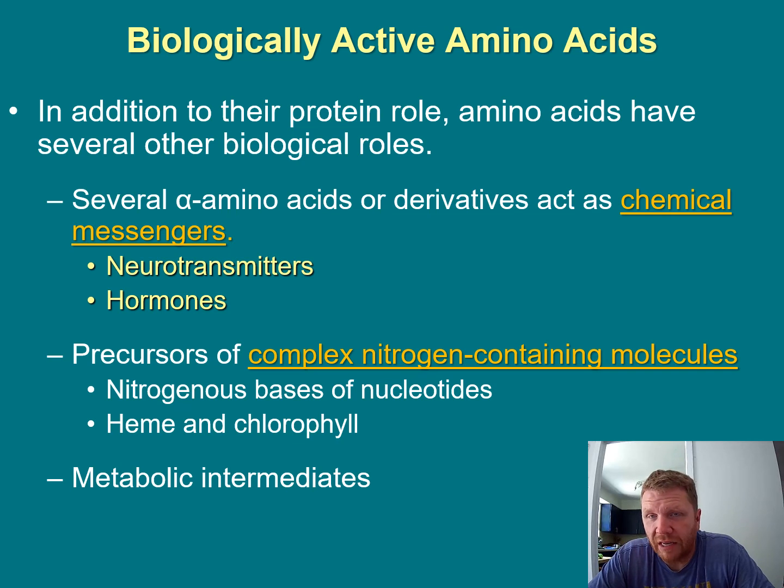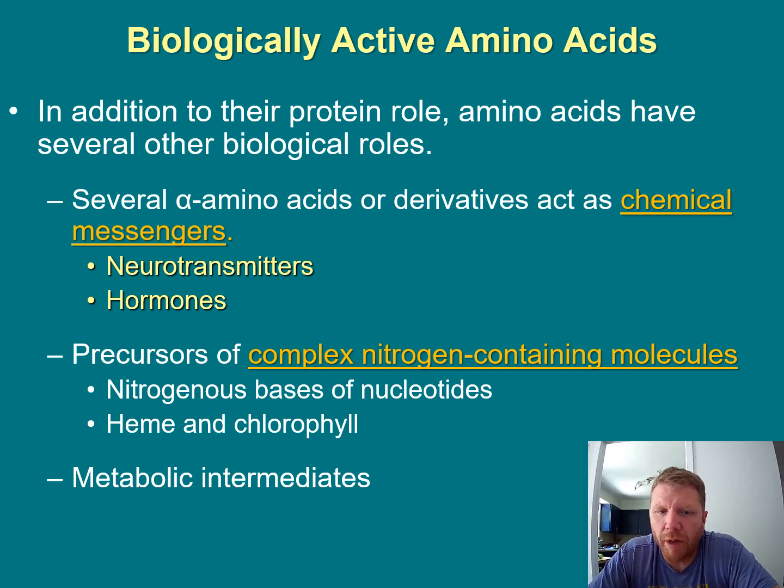So the nitrogenous bases of your nucleotides are also derived from amino acids. And heme, which is the ring structure that holds in its center an iron atom, which hemoglobin utilizes, is derived from an amino acid. We'll get to that later on this semester.